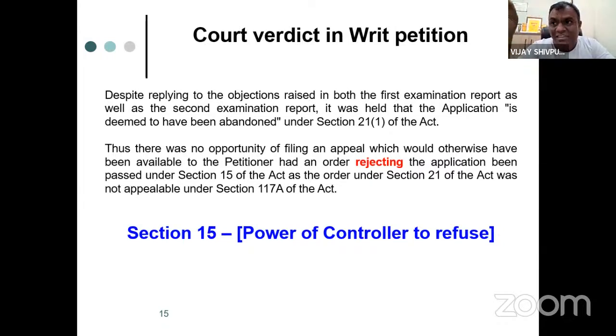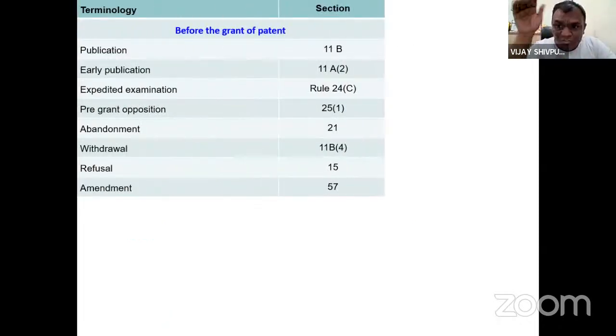When we are discussing or brainstorming at that point of time, it is very essential to understand the sequences. For example, before the grant there are a lot of different things. An application can be published, it can be early published, it can be examined, expedited, there can be a pre-grant opposition, abandonment, withdrawal, refusal, amendment.